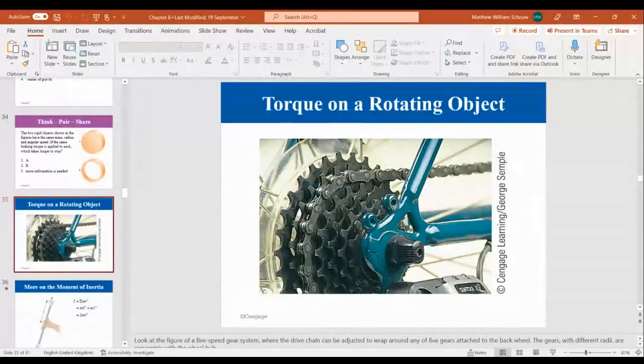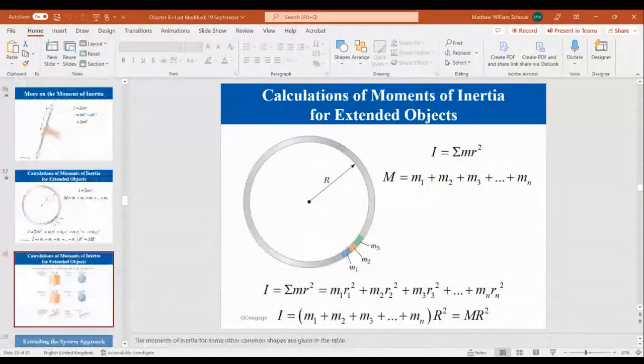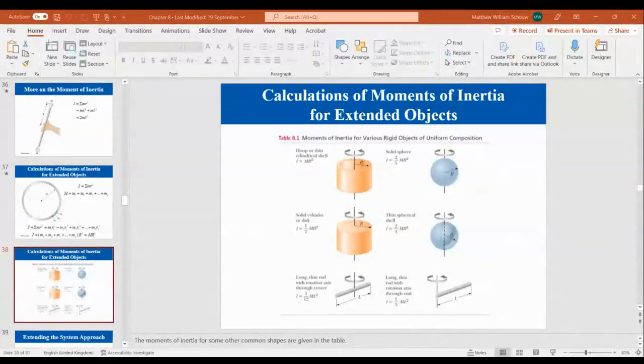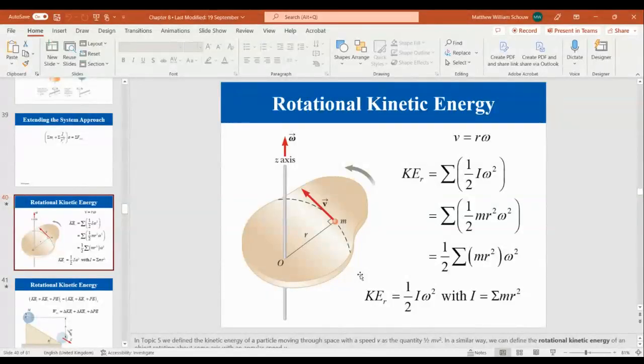Last week we discussed the moment of inertia, and we looked at varying objects. What we're going to be doing today is essentially the rotational kinetic energy.